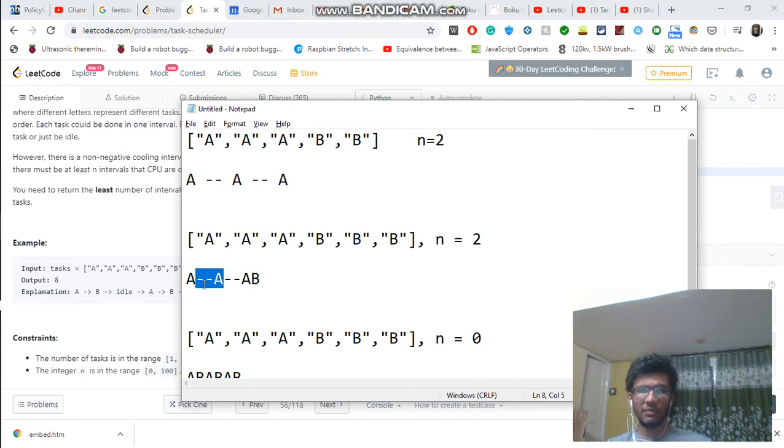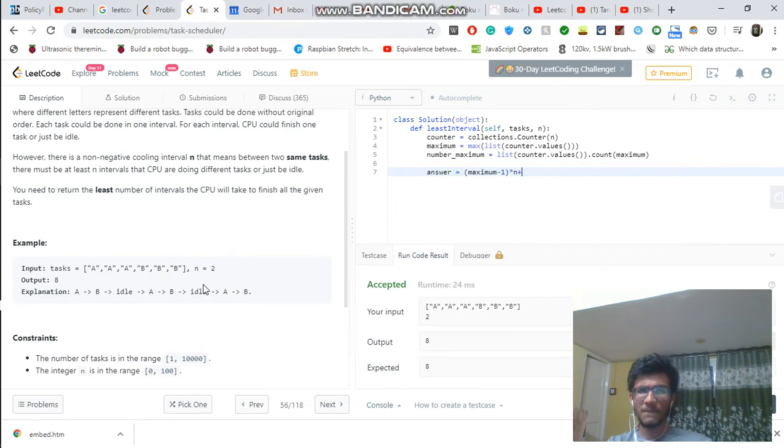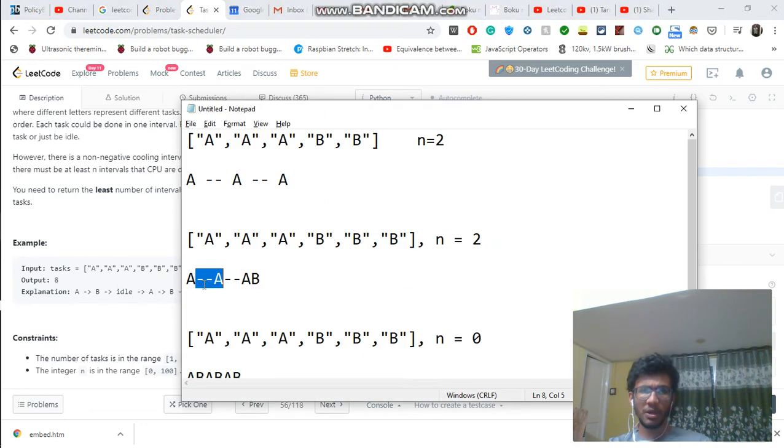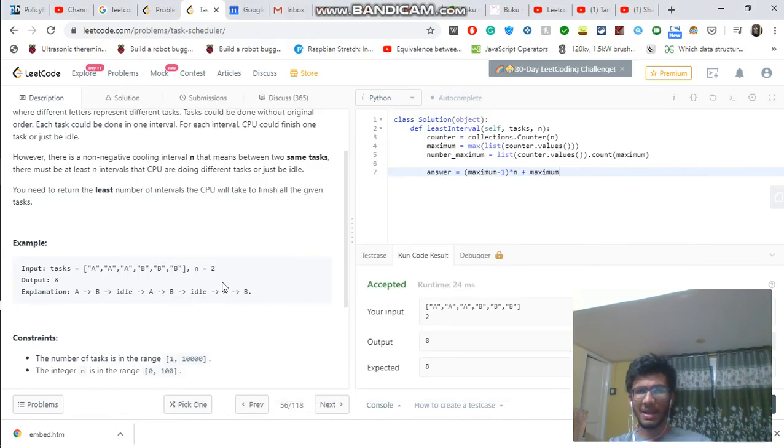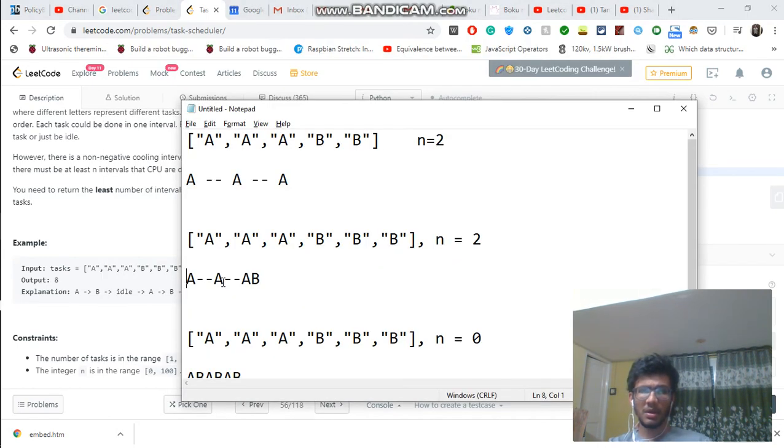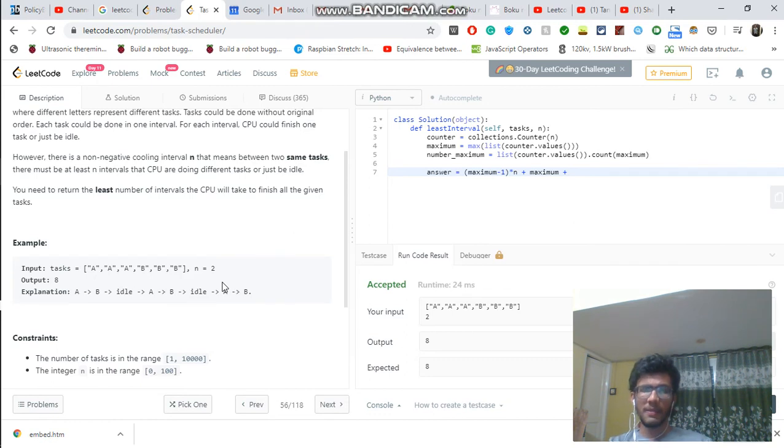Then we will have plus the number of times the element has occurred, so maximum plus the number of maximum. However, it will also include itself, the element which we have already counted in the maximum. Therefore, number of maximum minus 1.